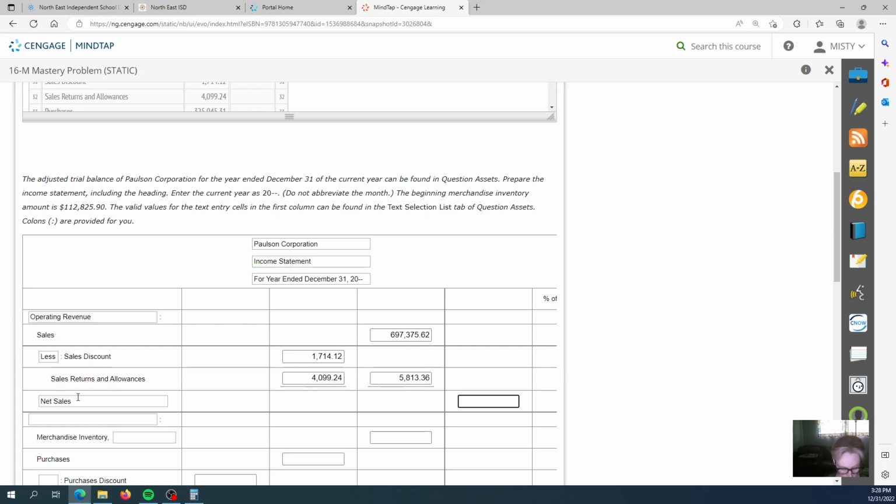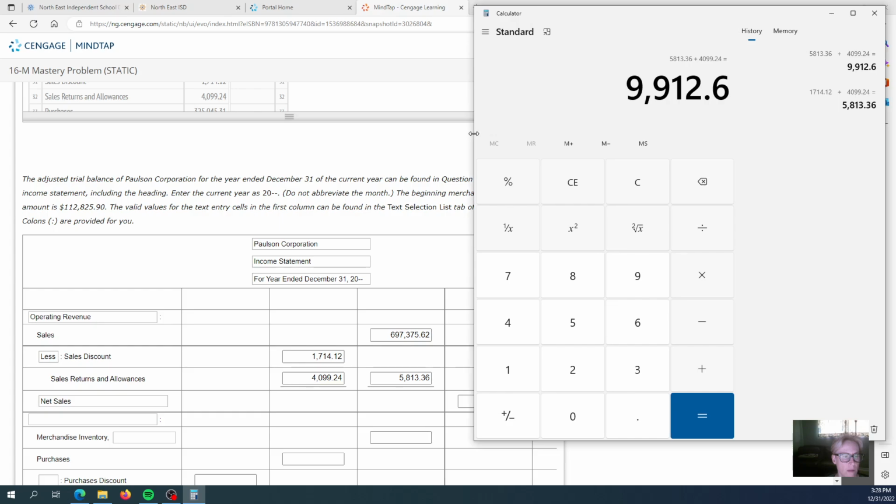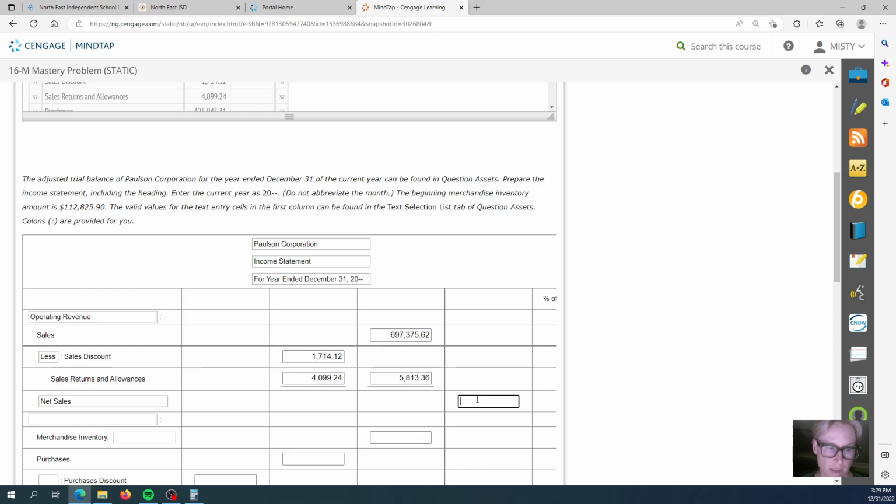So we have 697,375.62 minus 5,813.36 is equal to 691,562.26.